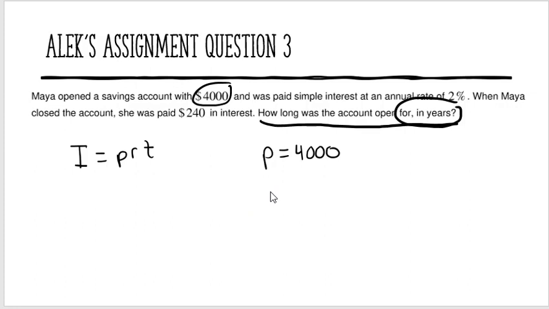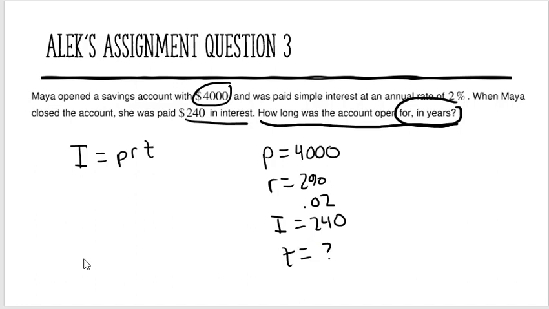She was paid a simple interest rate of 2%. So we want to change that to 0.02 by dividing by 100. And when Maya closed the account, she was paid $240 in interest. So this time we know our I is 240. And the thing that we don't know is the time in years.